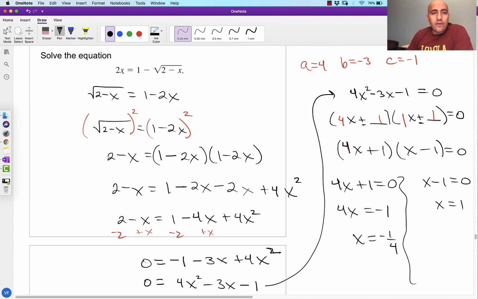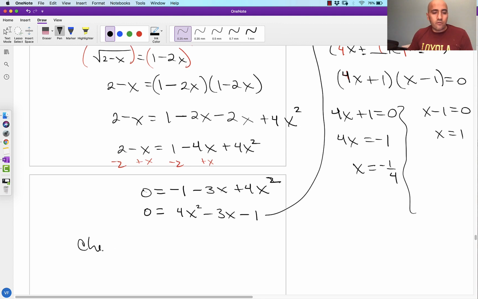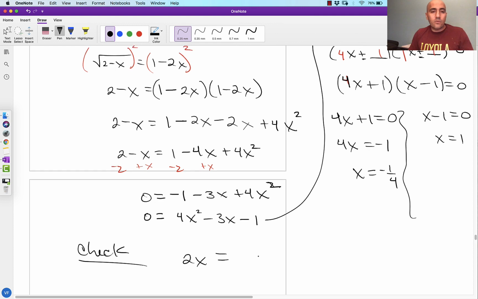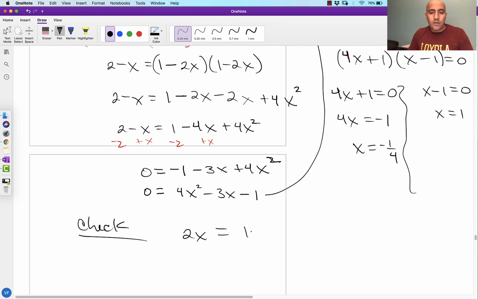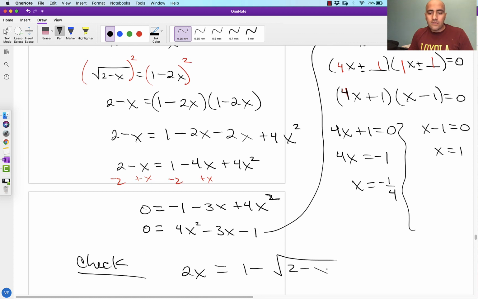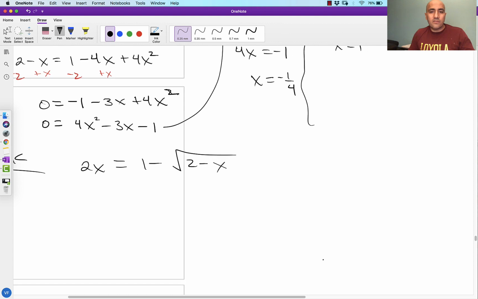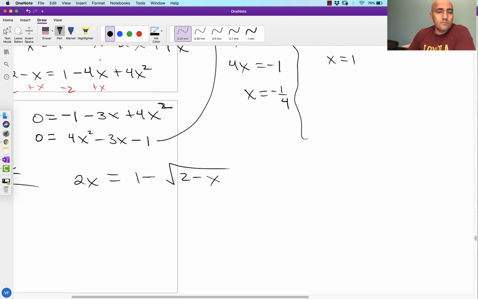So let's come back over here, plug a 1 in for each one of those, and see if it in fact gives us the right answer. So let's put a check over here. Check. And we had 2x equals 1 minus the square root of 2 minus x. So let's see if 1 is in fact a valid solution. Right, here are my two solutions. So check if x equals 1 is an answer.